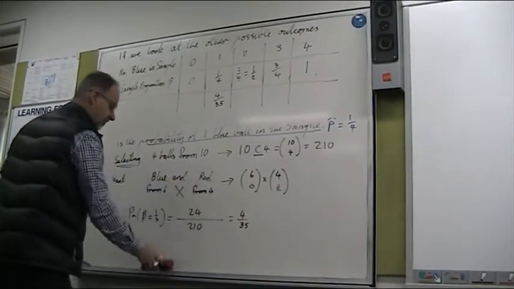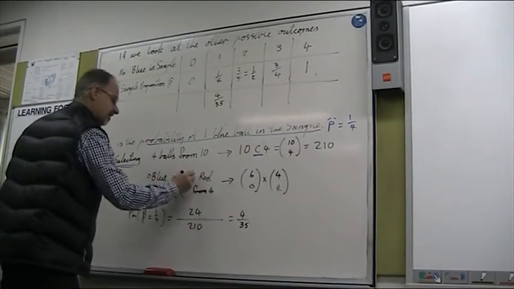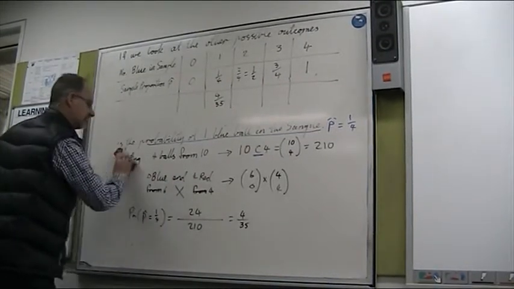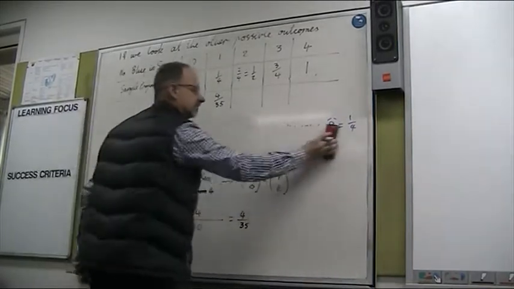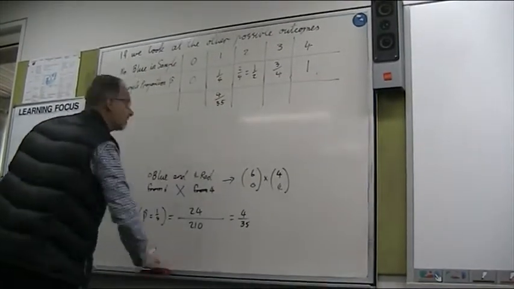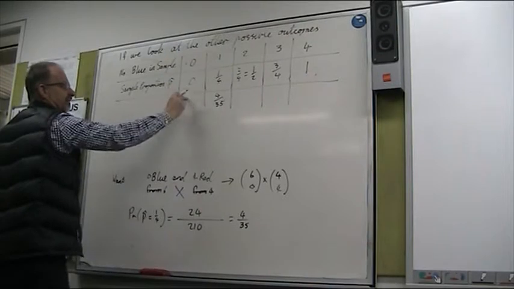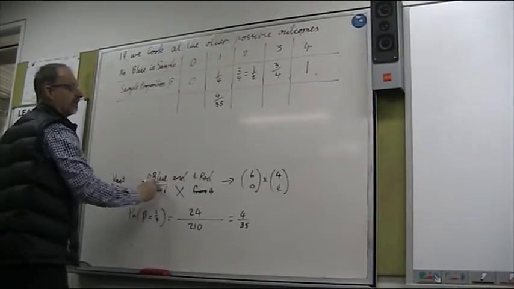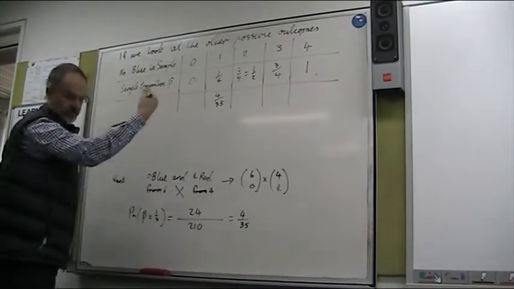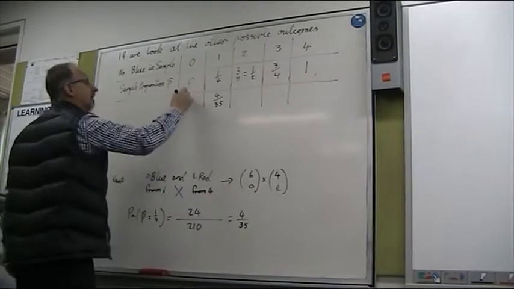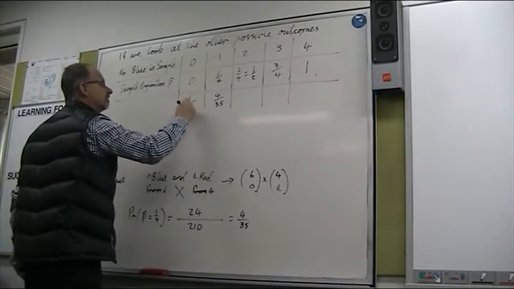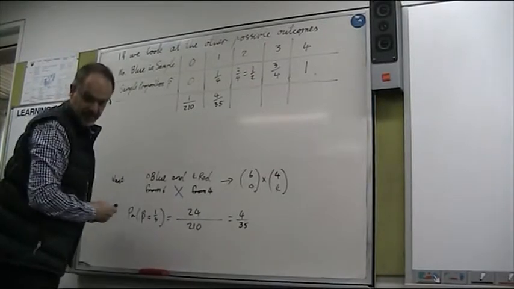So we've got no blue and 4 red. Let me get rid of this so we don't confuse. So if we're working out the probability of none, that's what we would have to calculate and put on the top. When you calculate that, it works out to that.